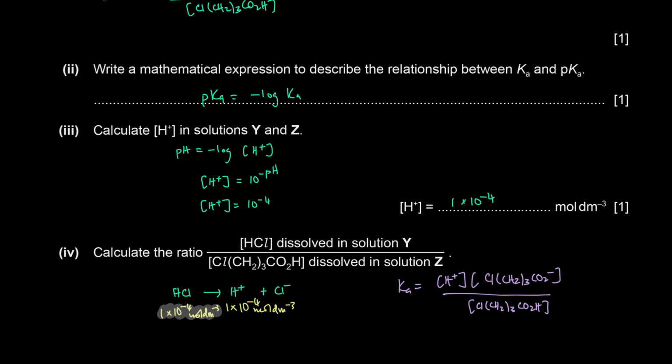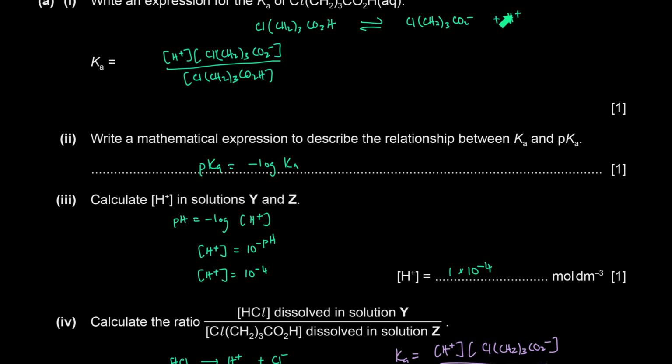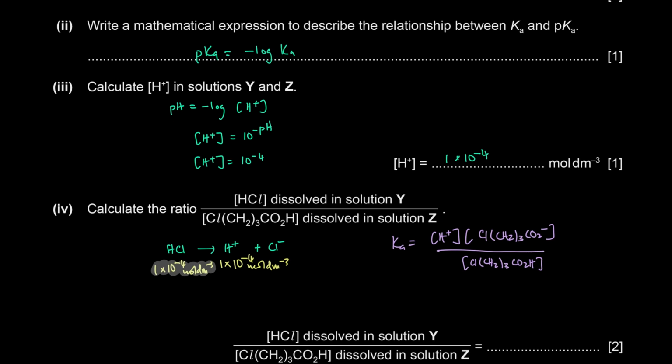Now, for a weak acid, if you guys remember, for this ionization, can I say that the concentration of H plus is the same as the concentration of the conjugate base? Whatever amount of conjugate base forms, the same amount of H plus forms from the ionization, right? So I can say over here that the concentration of H plus is 10 to the power of negative 4, and the concentration of the conjugate base is also 10 to the power of negative 4.